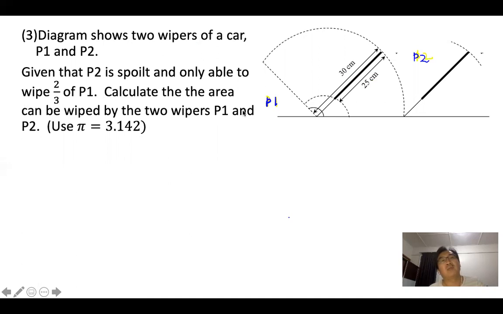So P1, this angle, I don't think the 2 over 3, I think the information is not enough because the angle is not given.